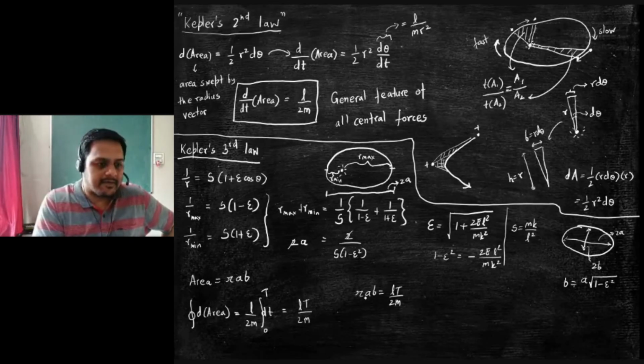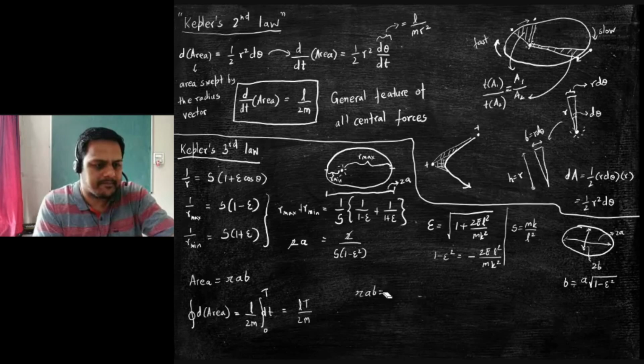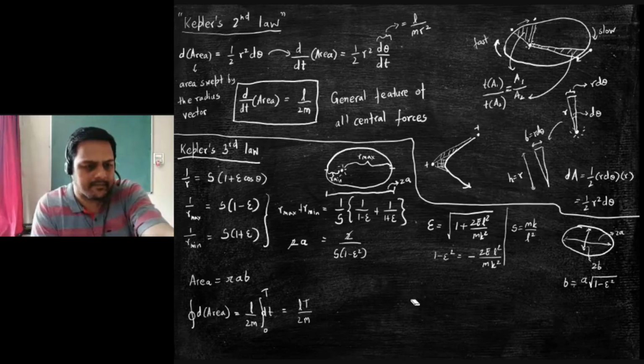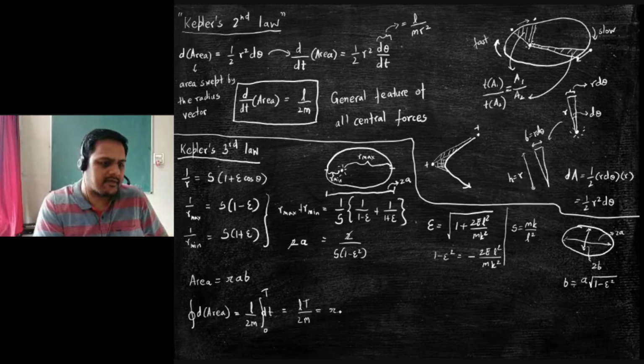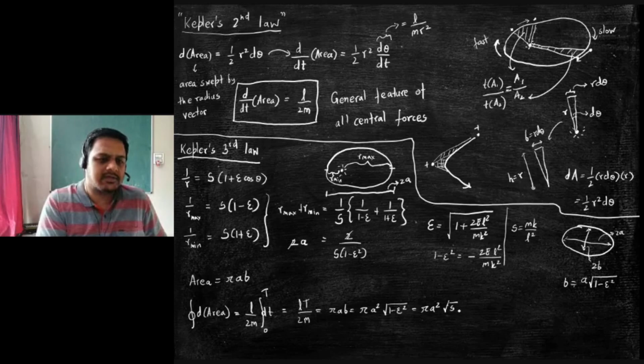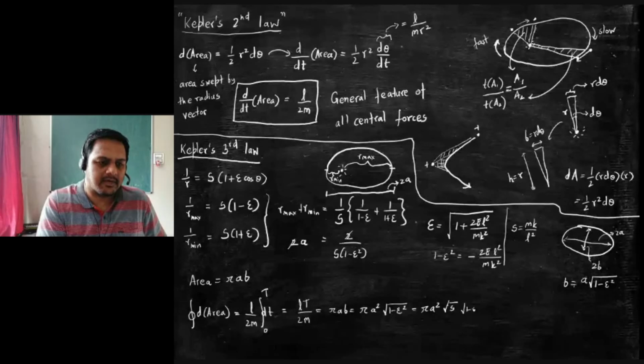Yes, substitute for B first. Let me write this in a better way. LT by 2m is same as pi AB is same as pi a square into square root of 1 minus epsilon square, which is same as pi a square root s into square root of 1 minus epsilon square upon root s.